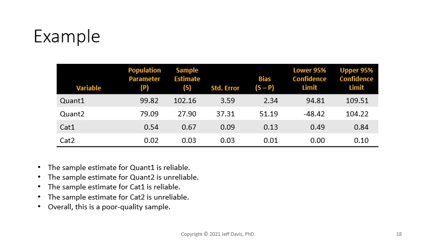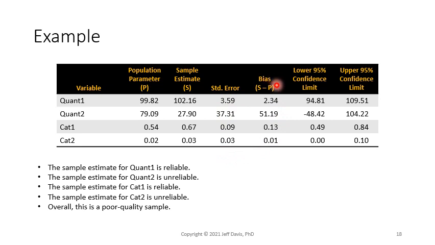So when we take a look at the table, we're laying out the population parameter, the sample estimate, then we're looking at the standard error. This is based on the sample.